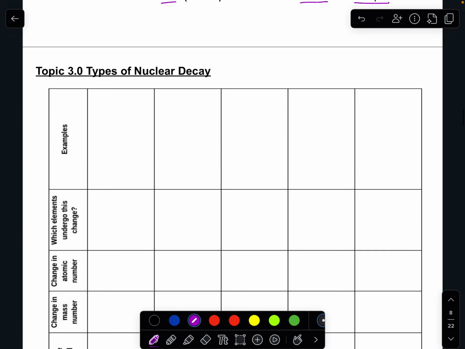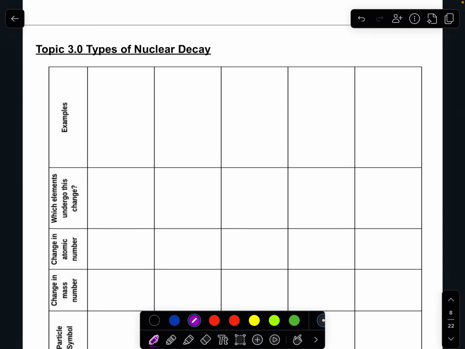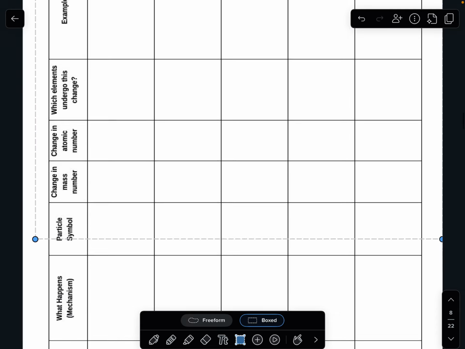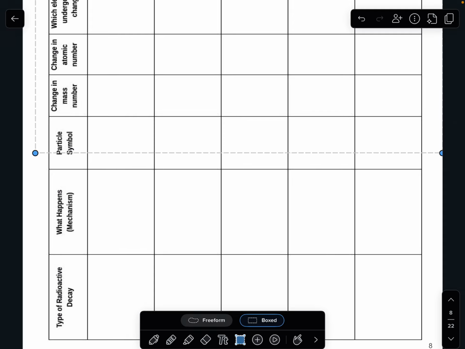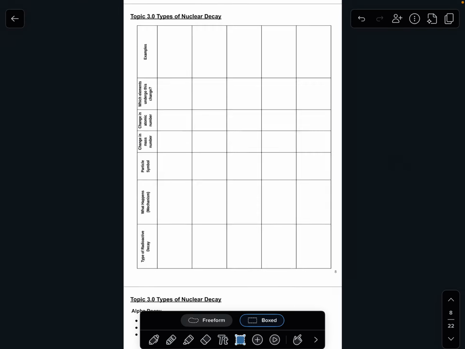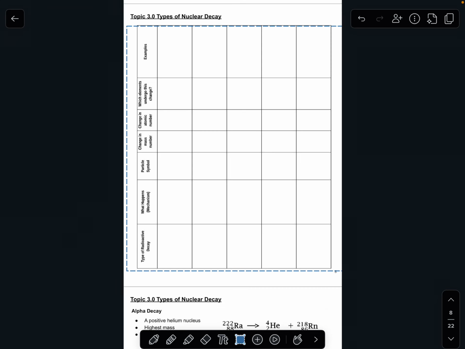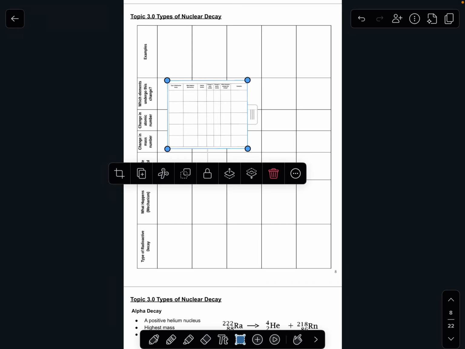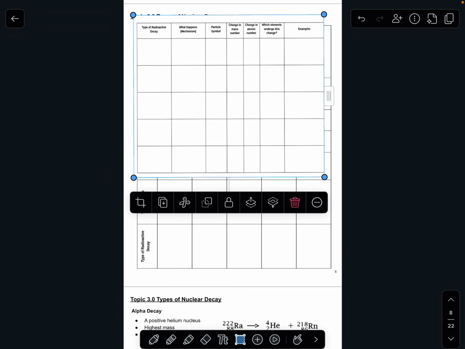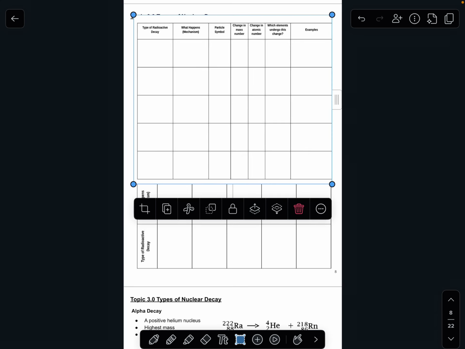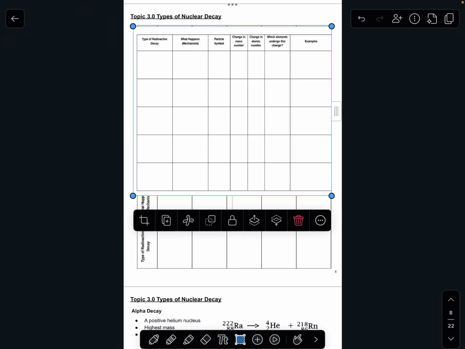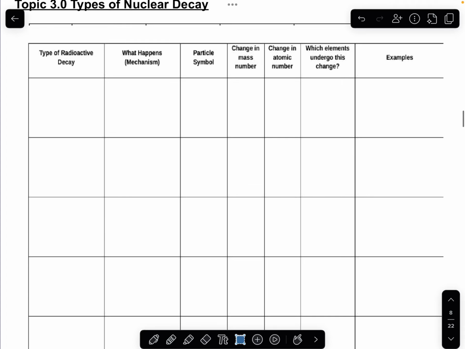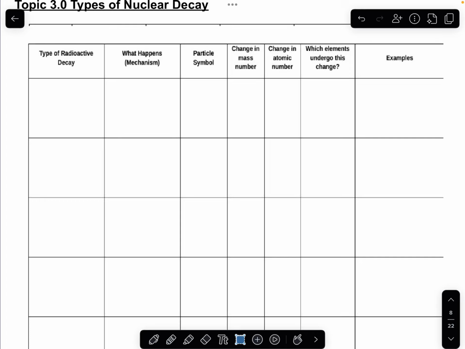Now we have to complete this table. So we are going to write the table.